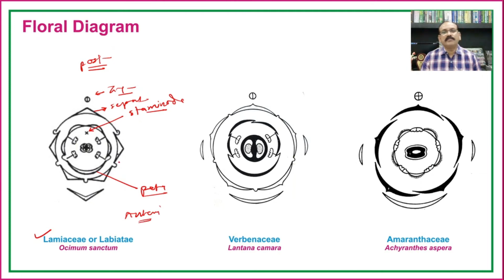This is important whenever you are drawing the floral diagram of such flowers, because in the family Lamiaceae, in Ocimum sanctum, the new name being Ocimum tenuiflorum, there are an odd sepal as well as an odd petal. So in the bud condition or on the plant body we have to remember the position of the odd sepal and odd petal, because it is important to draw the floral diagram.